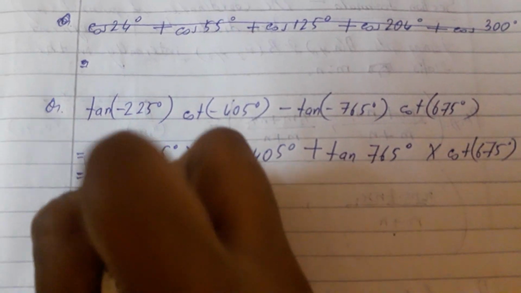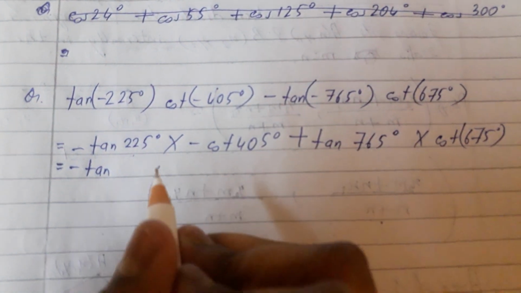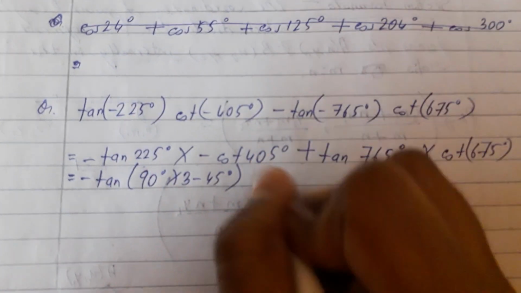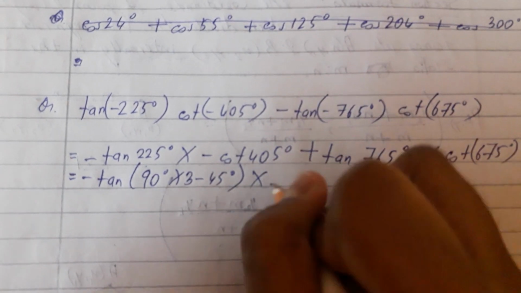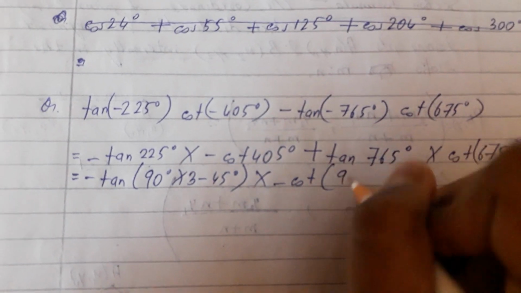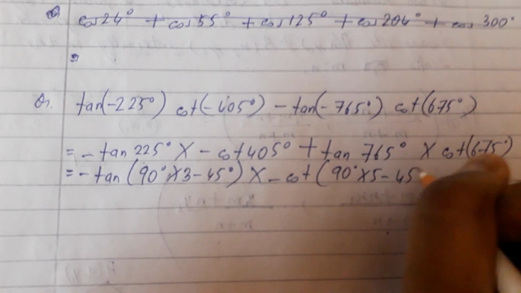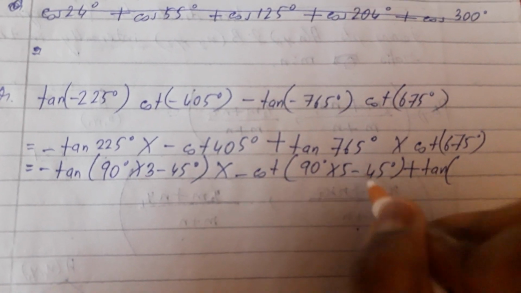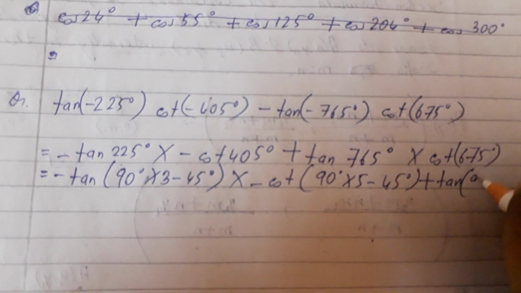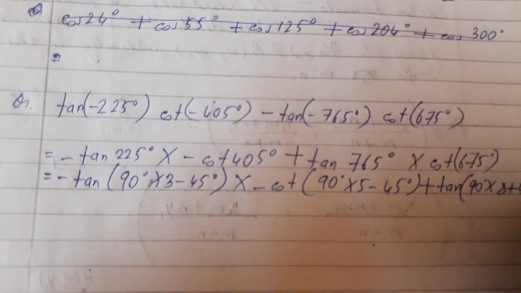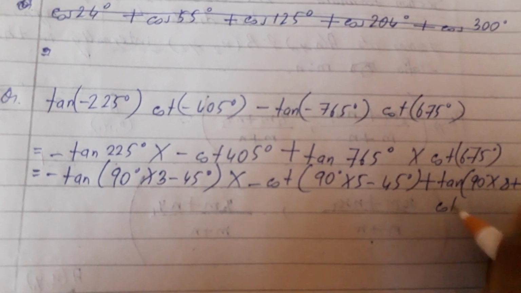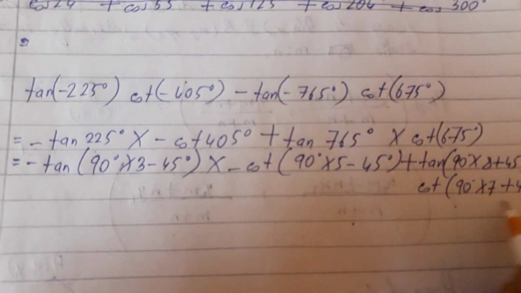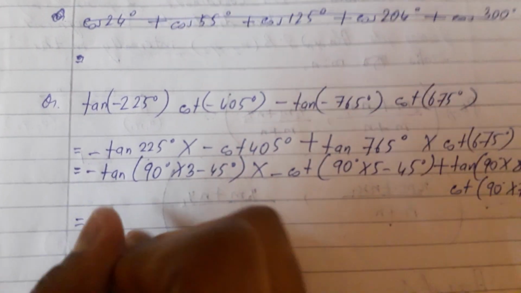You can write 225 degree as 90 degree into 3 minus 45 degree, 405 degree as 90 into 5 minus 45 degree, 765 as 90 into 8 plus 45 degree, and cot 675 degree as 90 into 7 plus 45 degree.